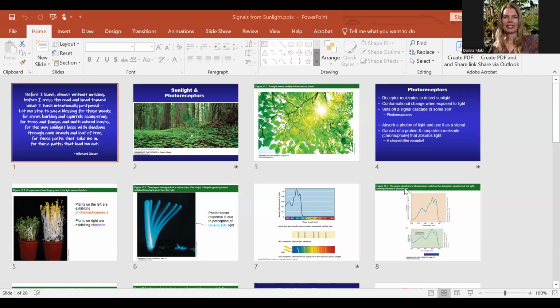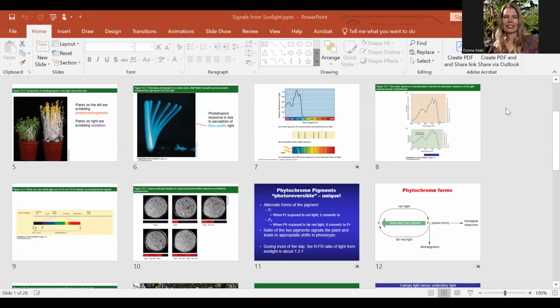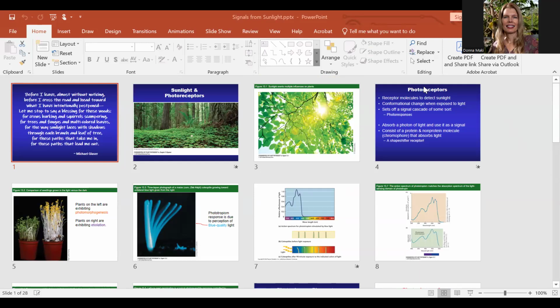Basically, that's looking at photoreceptors. There's a few different photoreceptors that we covered and how they operate in order to detect sunlight and then start using that information appropriately, hopefully.